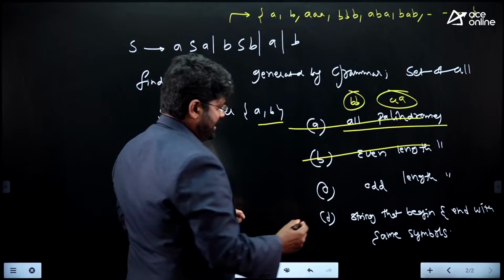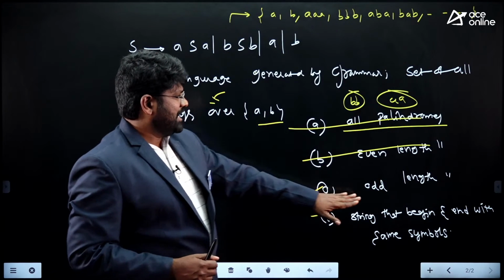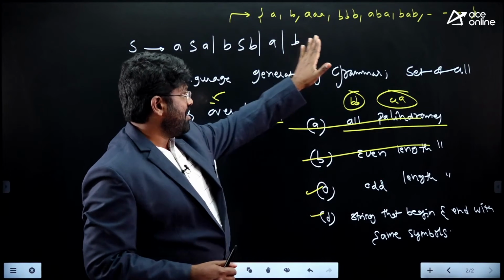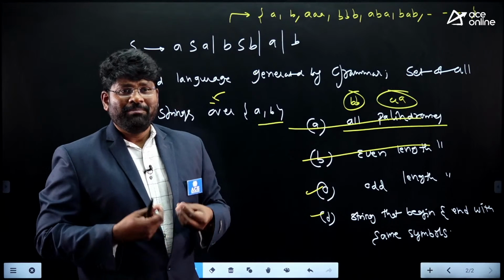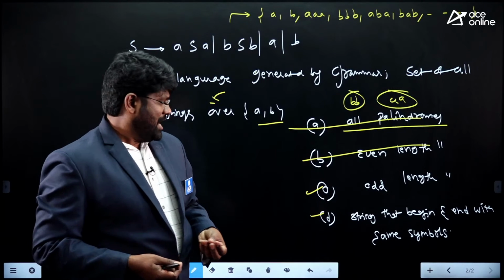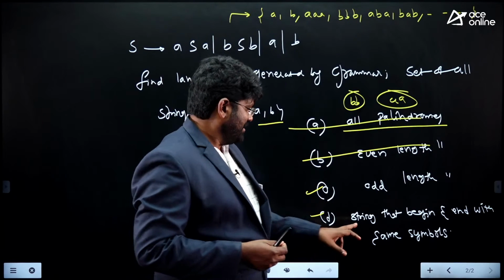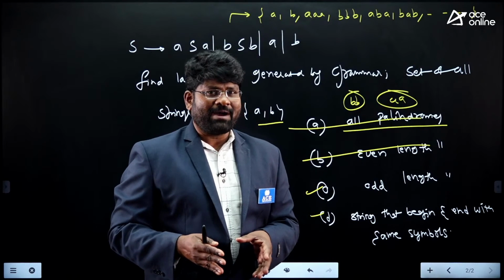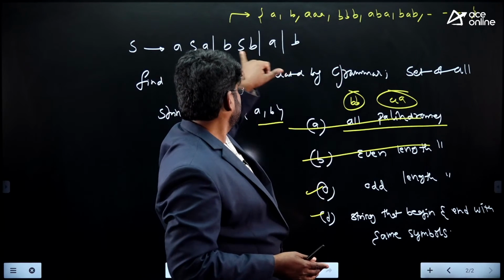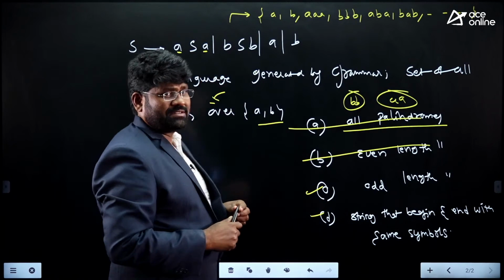Further, take down C and D. Odd length palindromes: whatever you are generating, all of them are odd length, right from the A. A itself is a palindrome, B itself is a palindrome. And people may also go for D, the reason being strings that begin and end with the same symbols. That may be common to the idea because of this grammar structure.